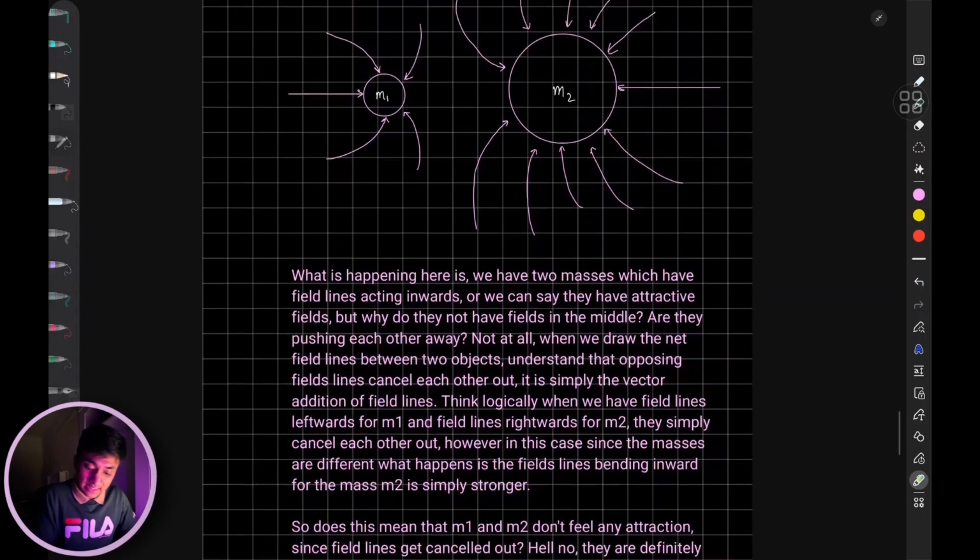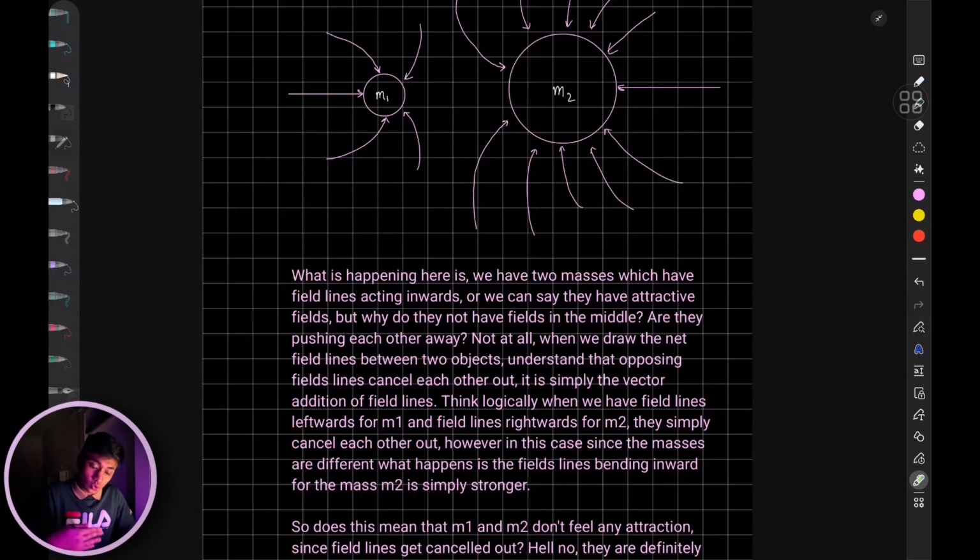If there's a field line for m1 towards the center of m1, and a field line for m2 towards the center of m2, they cancel each other out. Okay? They cancel each other out. Do you get the point?